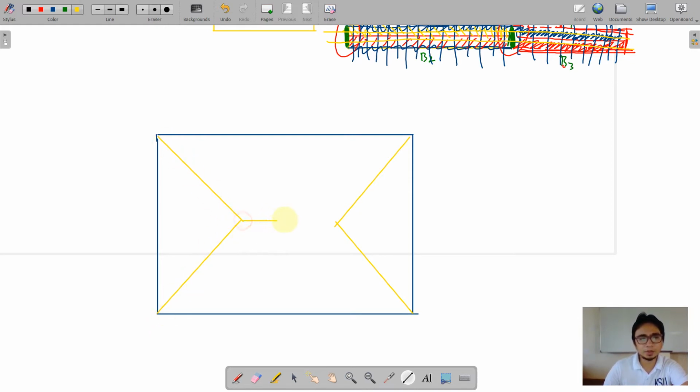Okay, and close that line with a horizontal line. So here we can see now, if we have some beams here, say this is beam 1, this is beam 2, that is beam 3, and that is beam 4.